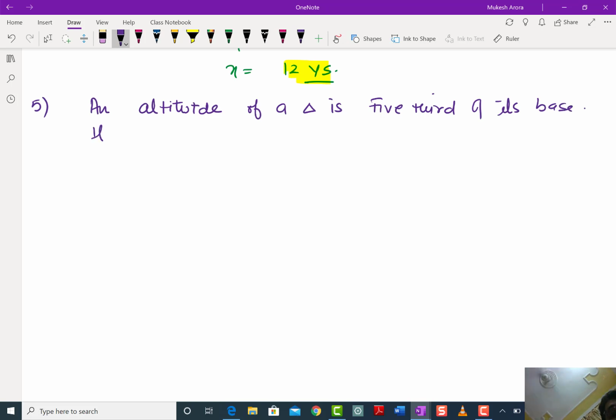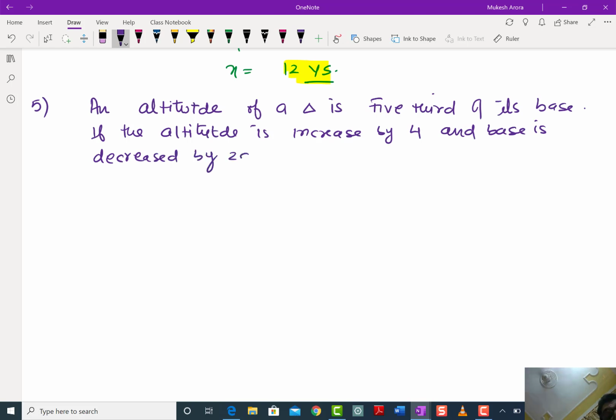If the altitude is increased by 4 and the base is decreased by 2 centimeter, the area of the triangle would remain the same.